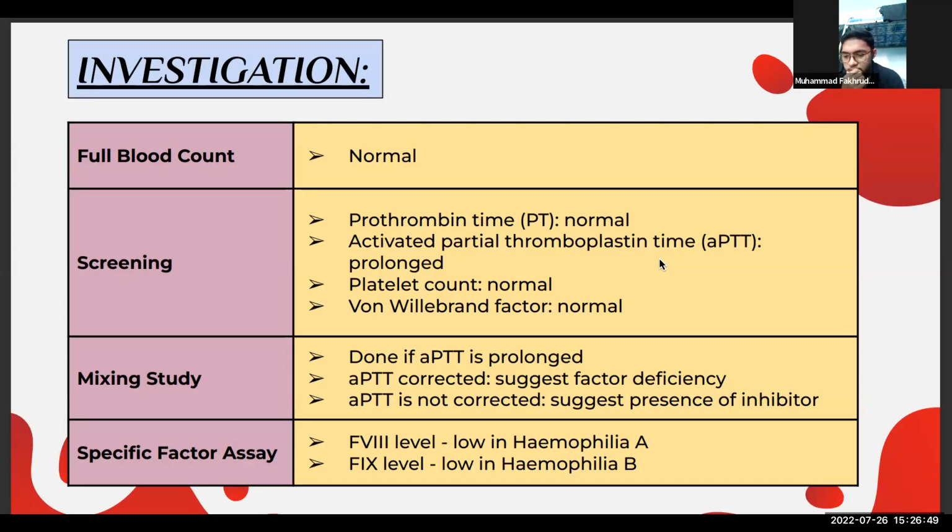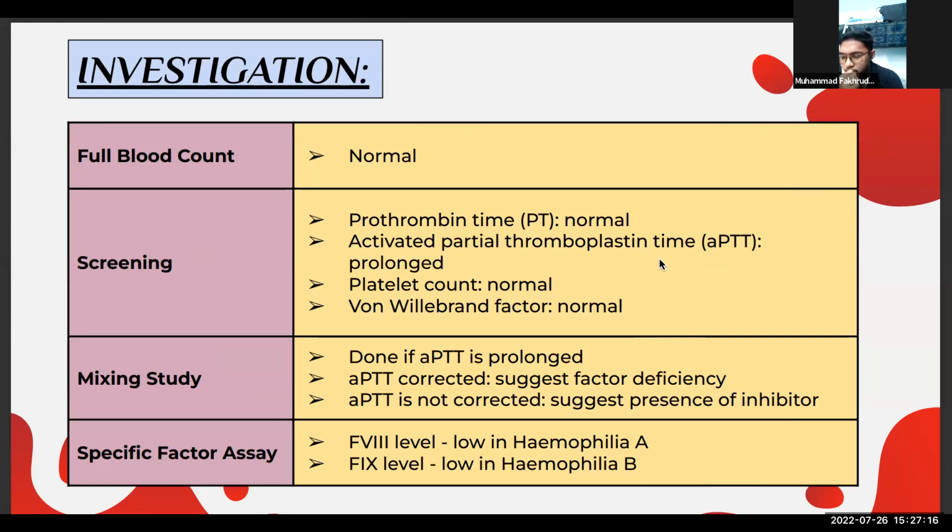Firstly, we need to do full blood count. Usually, hemophilia patients will have a normal full blood count, but some of the patients might have low hemoglobin due to loss of blood. And next, we can do the screening by doing prothrombin time or PT.